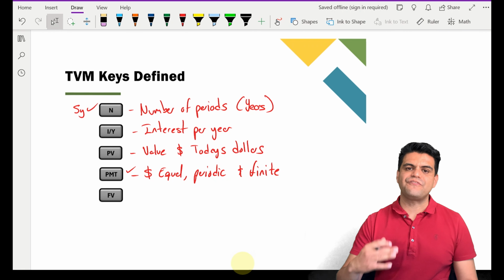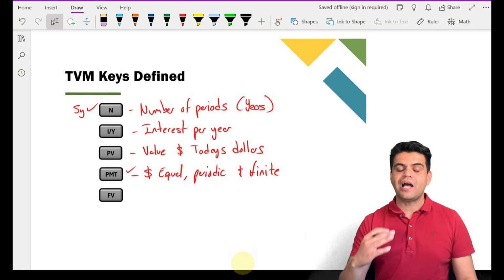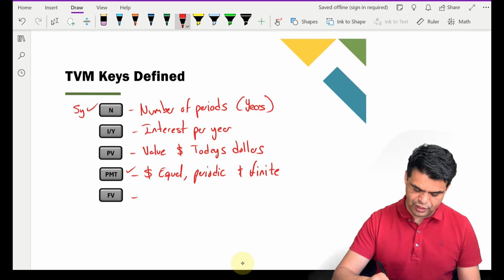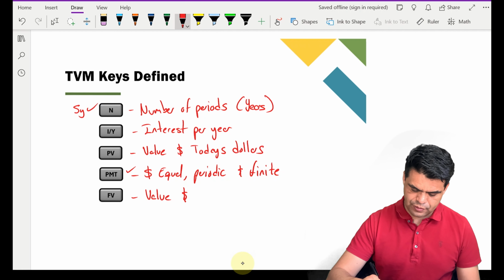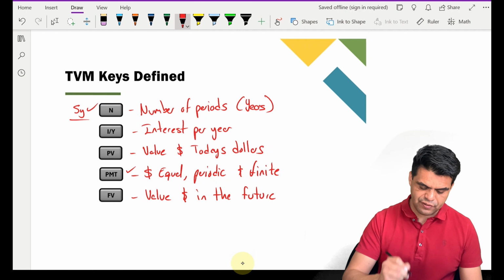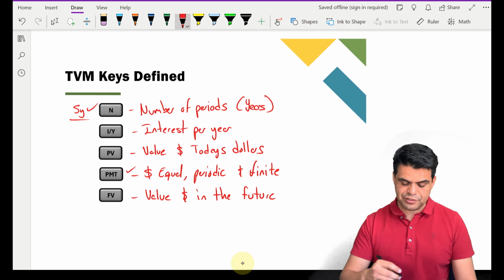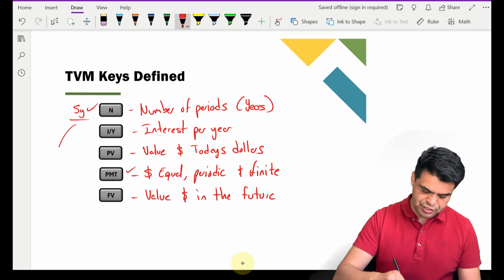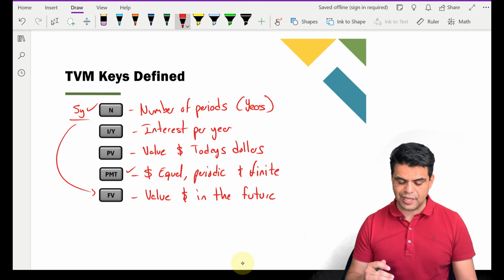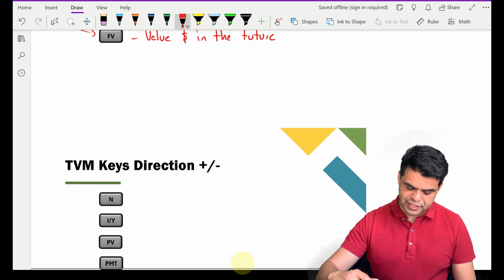And then we have future value, which is the value of money at a determined time in the future. So for example, again, if we said we needed a 5-year term, we would understand what that value was 5 years in the future. All right. Let's keep moving here.